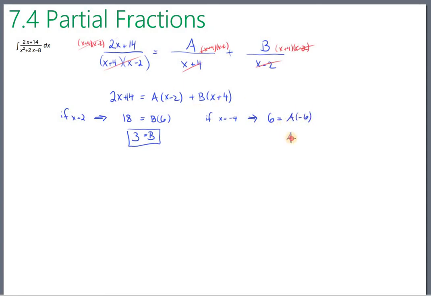So it looks like a will equal -1, which means I can now rewrite the original integral as the integral of a over x plus 4 plus b, which is 3, over x minus 2.